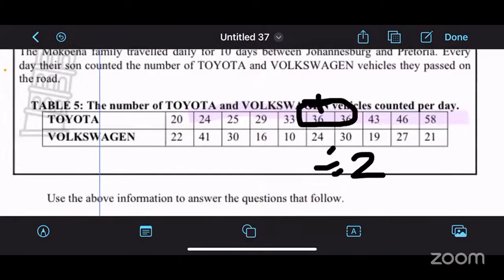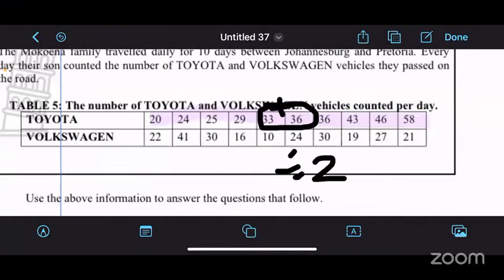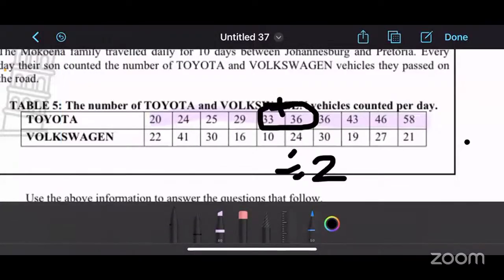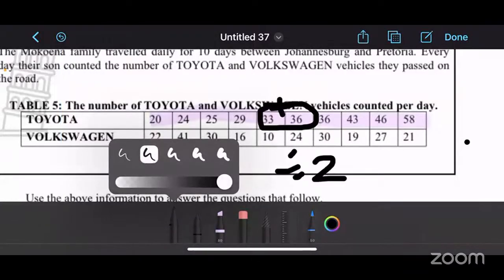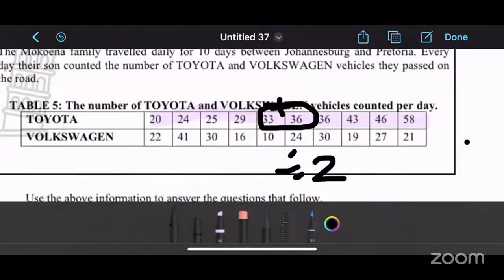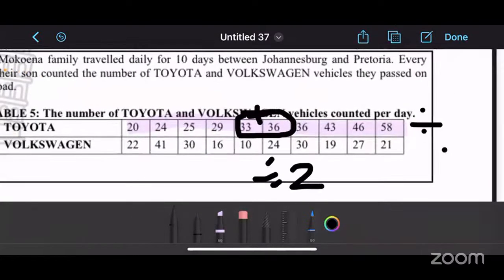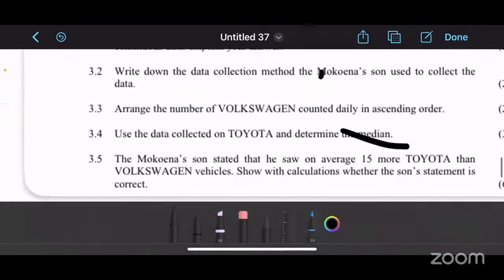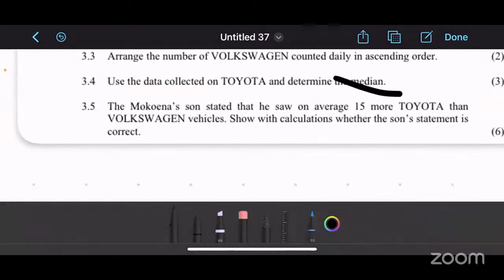Then you subtract the two and see if there's a difference of 15 more for Toyota. Is that clear?